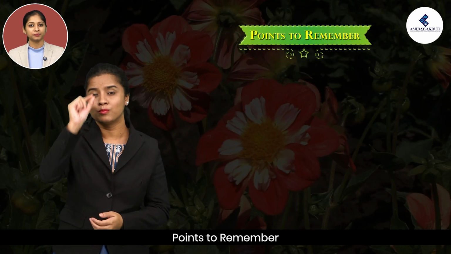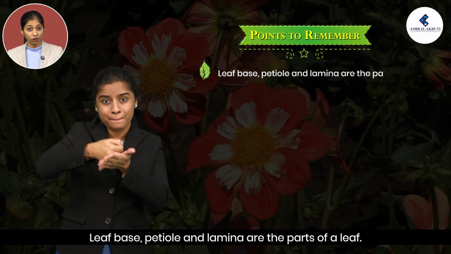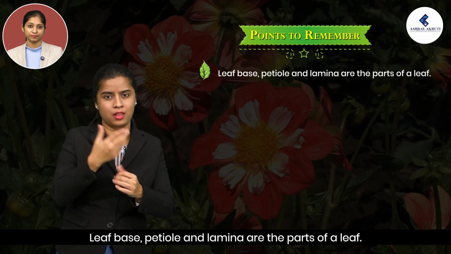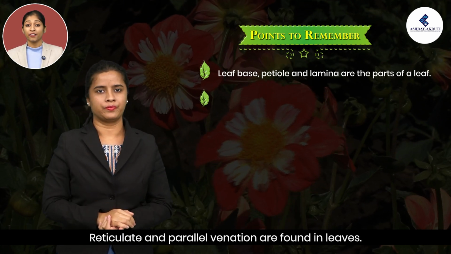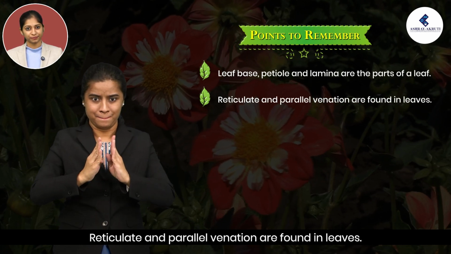Points to remember: leaf base, petiole and lamina are the parts of a leaf. Reticulate and parallel venation are found in leaves.